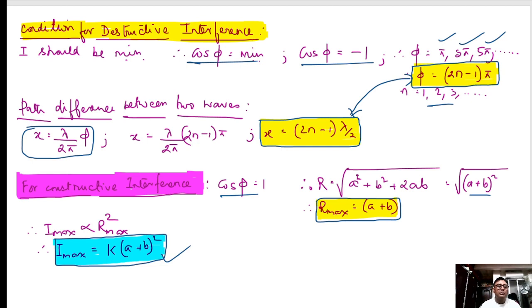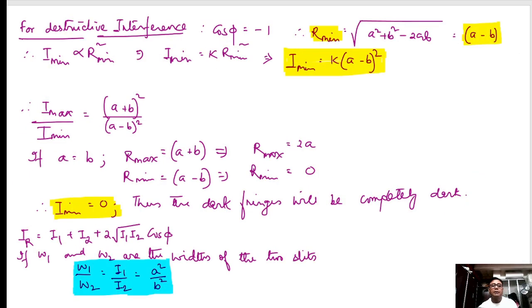Now we want to find out the next conditions for the destructive part. So let's see, for destructive interference, we know cos phi is -1.